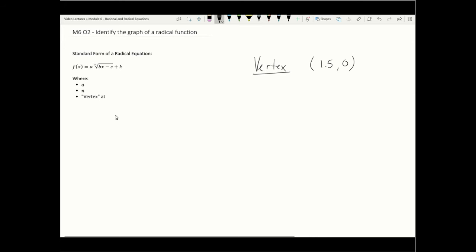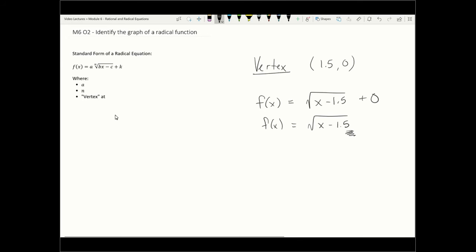You may be inclined to write the function as the square root of x minus 1.5, and you wouldn't be wrong. This is one of the functions. This is what it looks like. But when we're looking at standard form for all of our types of equations, we normally avoid decimals.